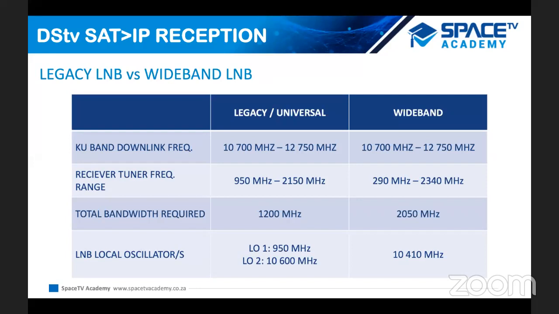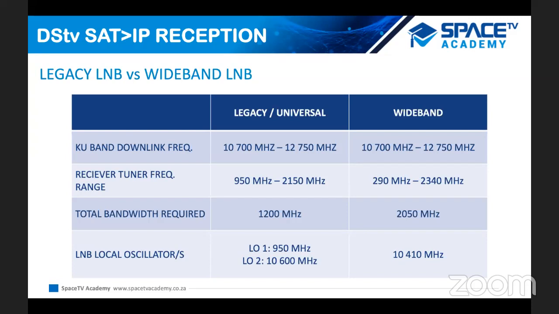The tuner frequency for legacy is 950 to 2150 versus wideband, which is 290 to 2340. So the total bandwidth required on a legacy system is 1200 megahertz, while the wideband is 2050 megahertz. So you'll see that there's like 850 megahertz of bandwidth more in wideband.